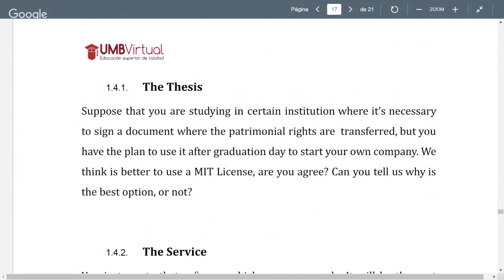So we state here that it is good to use an MIT license. The MIT license is a non-protective FOSS license. So is it good for you or not? Let's talk a little bit about it.